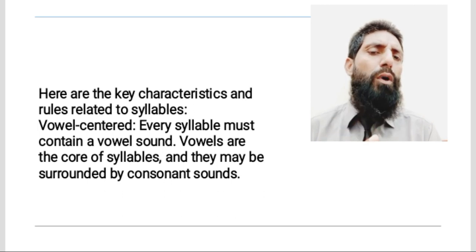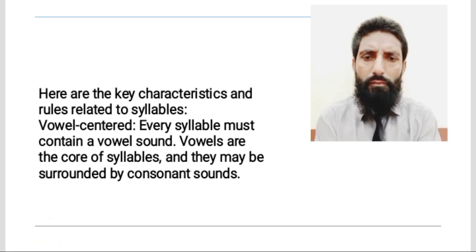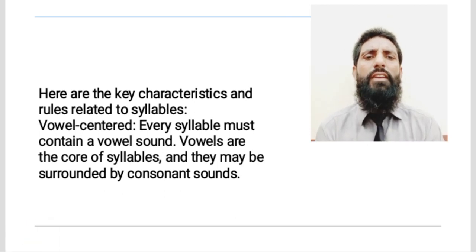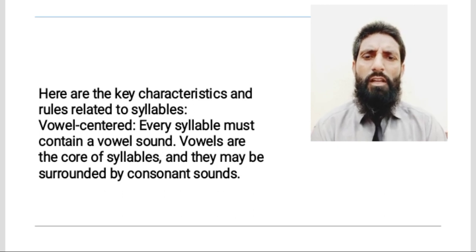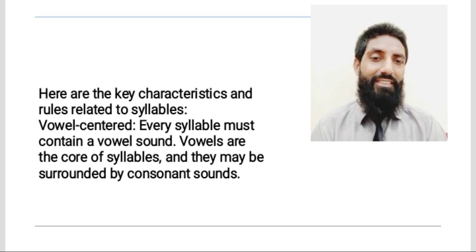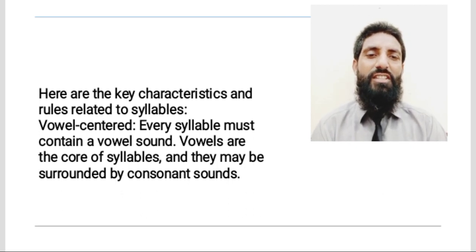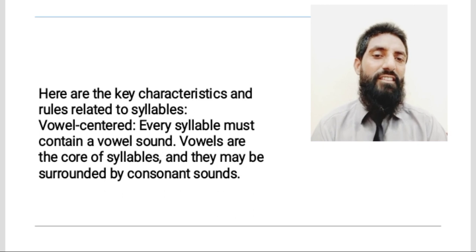If there are two vowels or three vowels, they will produce sounds differently. Vowels are the core and they may be surrounded by consonant sounds. Wherever there are vowels, there must lie consonants, because this is a perfect combination for pronouncing and sounding the words exactly.